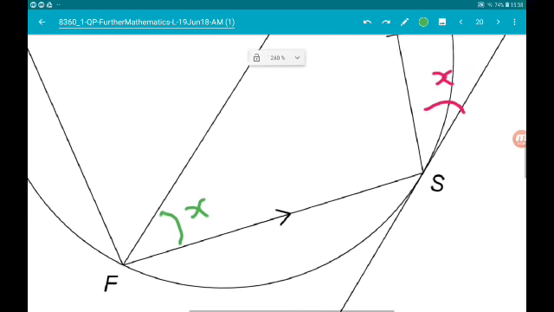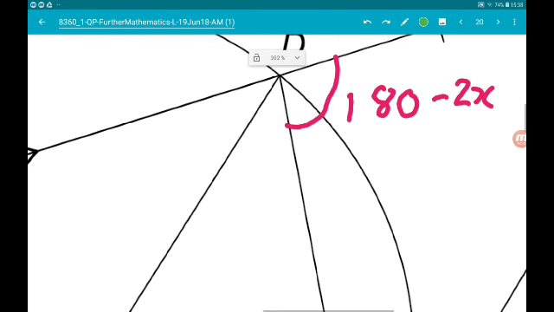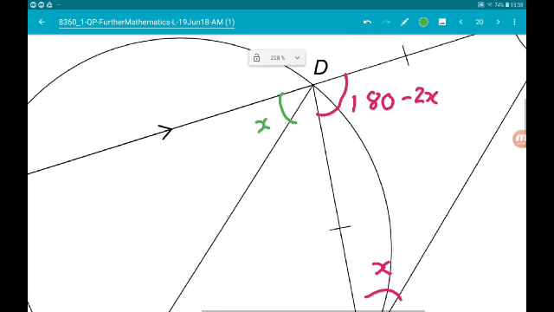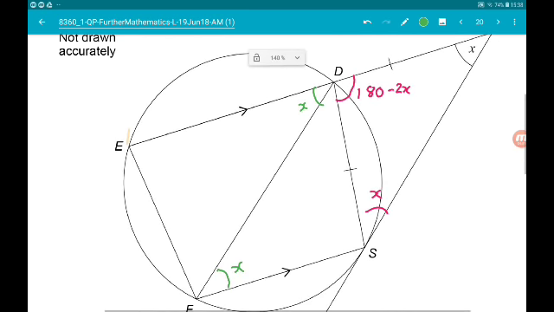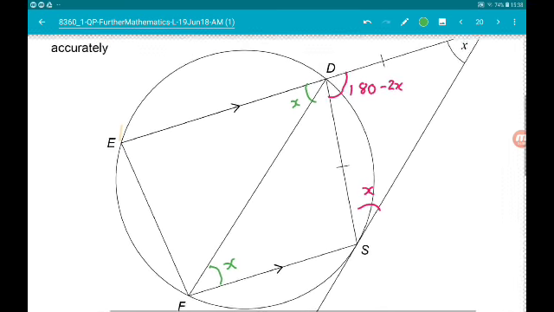So if we know this angle here is x, we also know that this angle here is x. So where does that put us up to here?